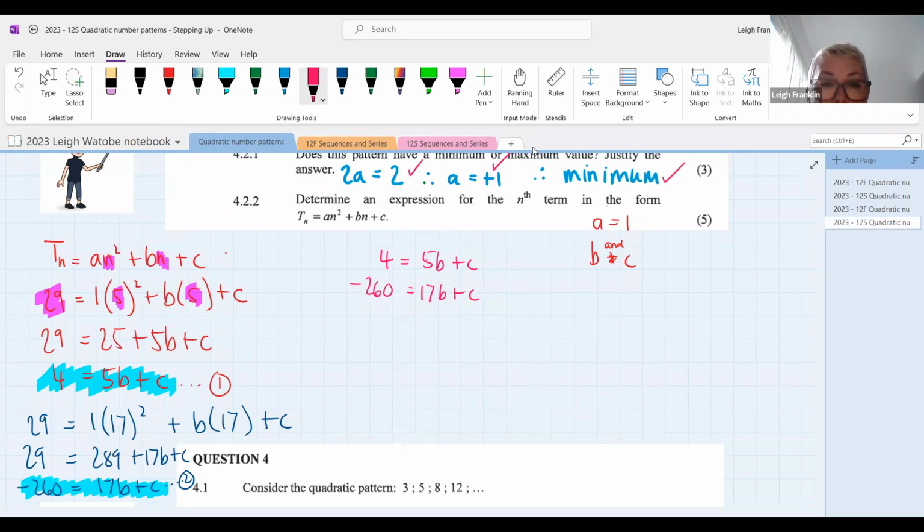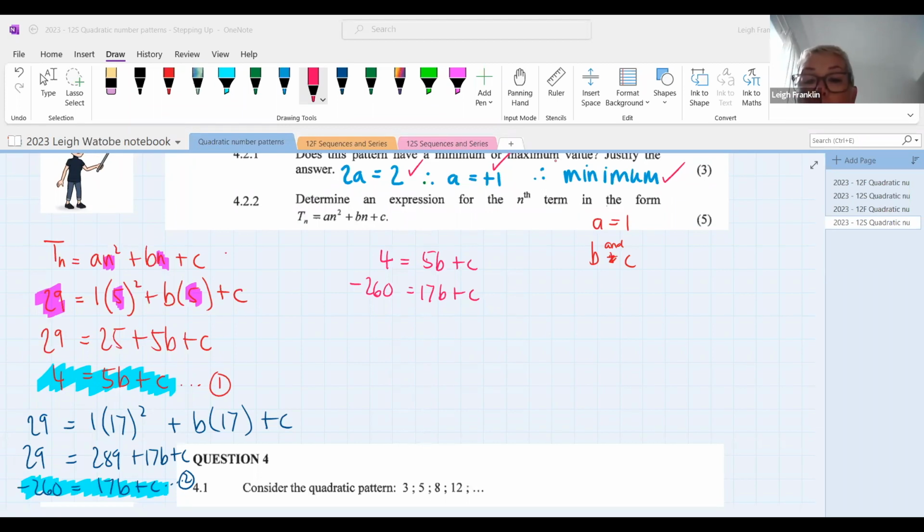So now, are we going to use elimination? Yes, you certainly can do, both of you are correct. I personally prefer elimination over substitution because I think it's quicker and easier, but you do whatever you feel comfortable with. If you would prefer to make C the subject, go right ahead.